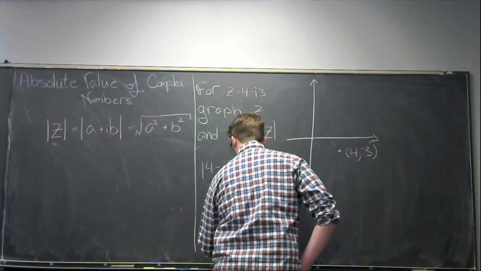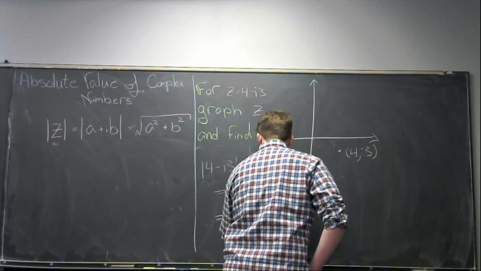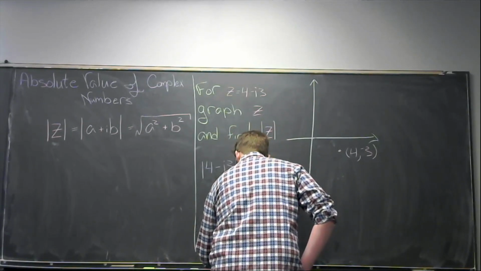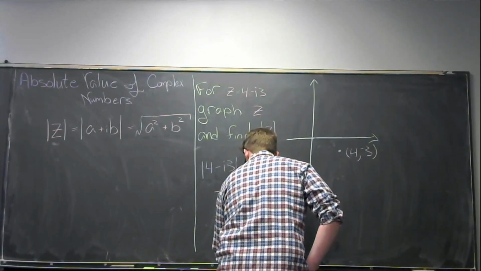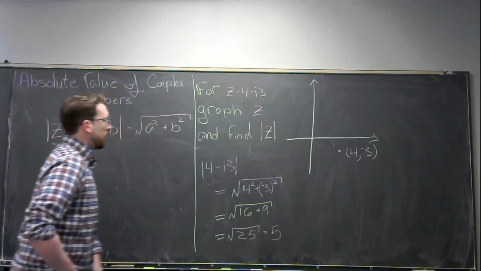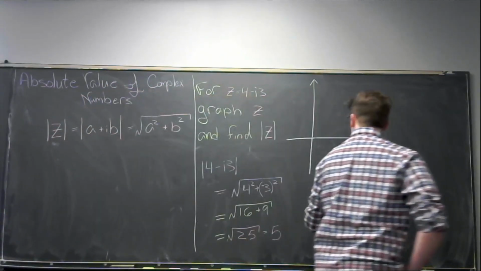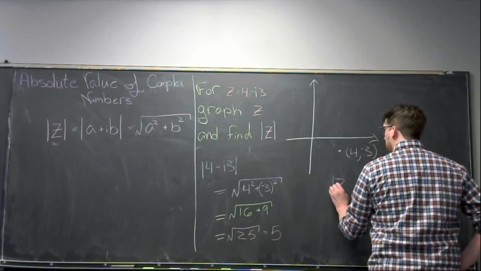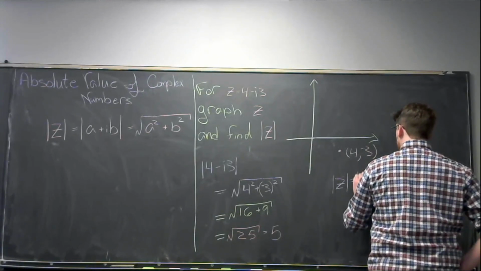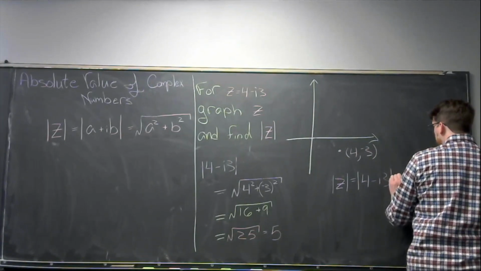Well, this is going to be equal to the square root of 16 plus 9, which is the square root of 25, or just 5. So we can come over here and say that the absolute value of z, which is equal to the absolute value of 4 minus imaginary 3, comes out to be 5.